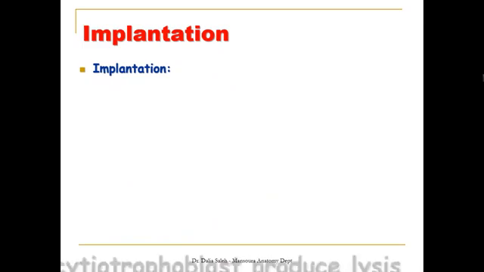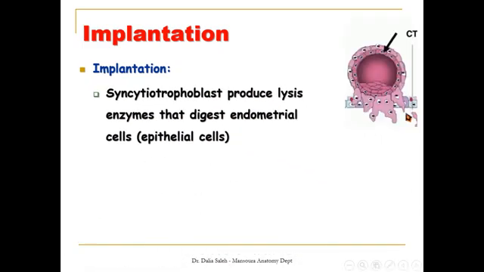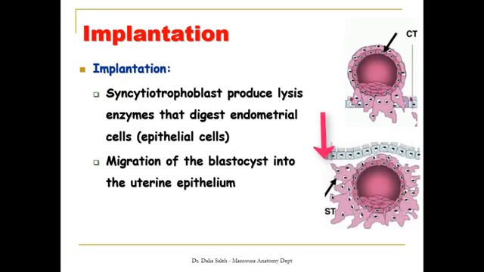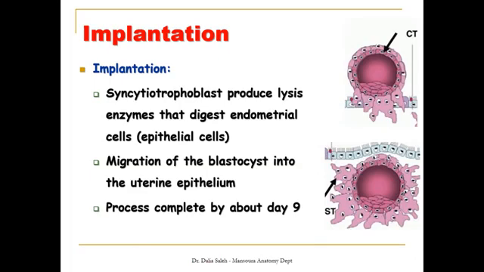Next, we have implantation. The syncytial trophoblast, which looks like finger-like projections here, produces lytic enzymes that digest the endometrial cells. And when they open a room for them, the blastula will migrate into the uterine epithelium. The process of implantation is complete by about day 9 of pregnancy.